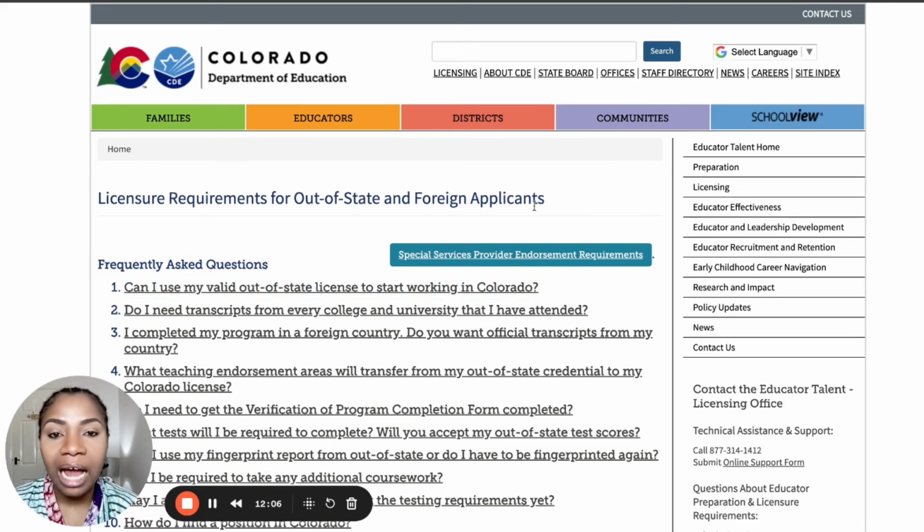But the first thing I would advise anyone who is looking to getting a teaching license to do would be to begin to request your transcript from your school and do your credential evaluation, because whichever state it is you're using or whichever country it is you're using will need to see that document.